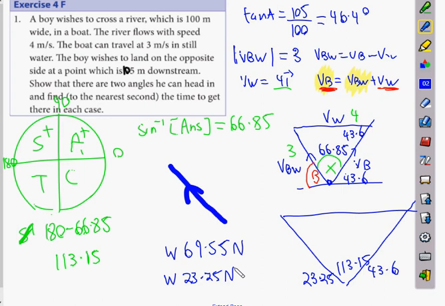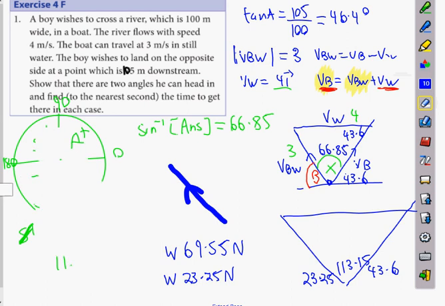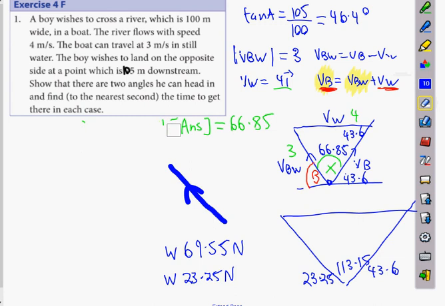Now, what they're going to ask me next is, how long does it take in each case? Right? So to solve how long it takes in each case, remember we have access to Pythagoras' theorem, right? Because Pythagoras' theorem is how far did the boat actually travel.